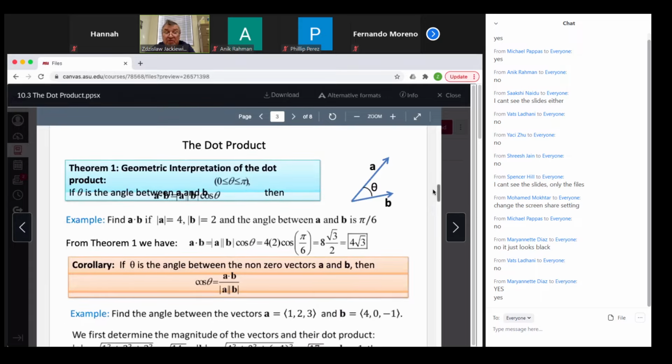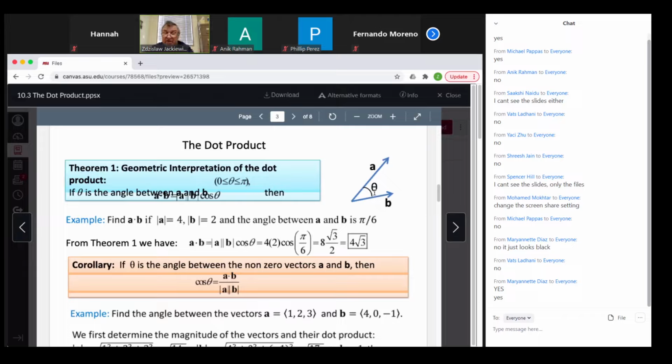I probably still discussed this last time. So the theorem is that the dot product, it is difficult to read here, but look here. Dot product is magnitude of A, magnitude of B times cosine of the angle between those two vectors. This is the theorem. Now this theorem is mainly used to compute the angle between vectors.